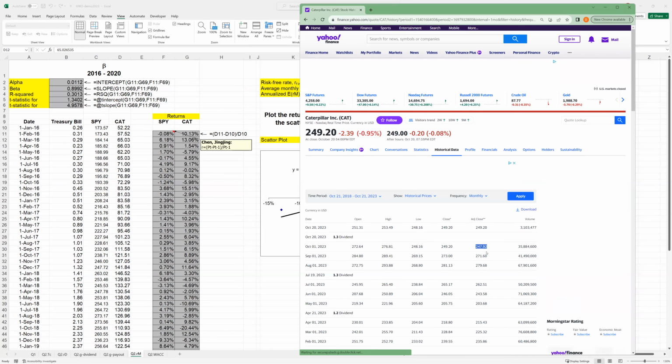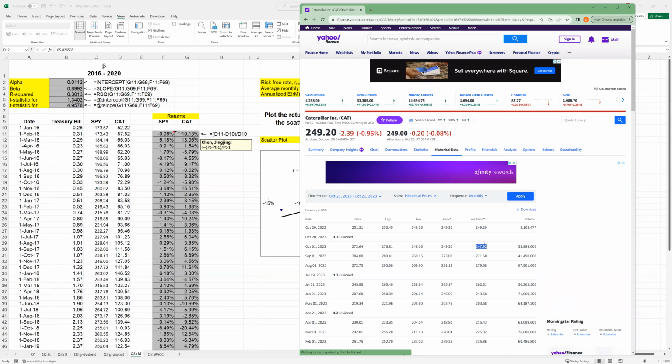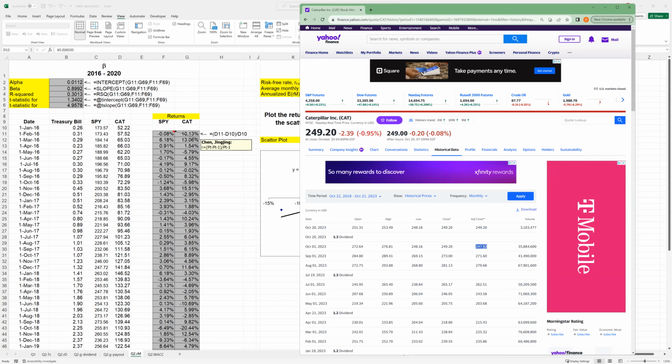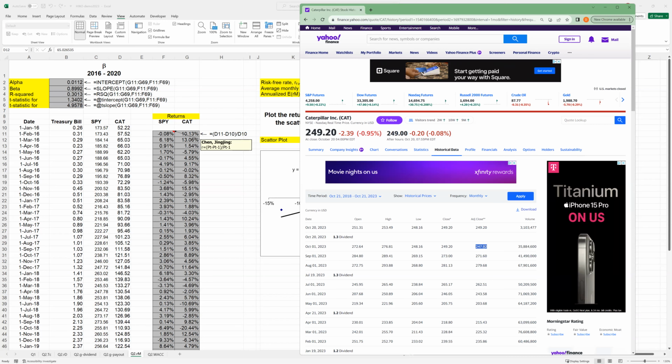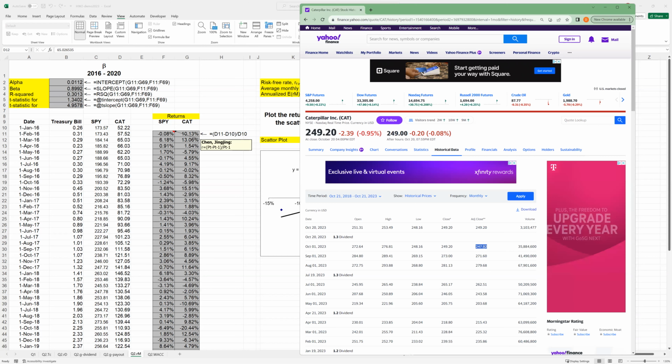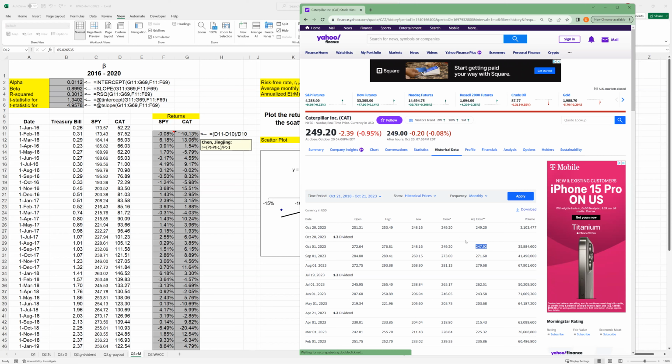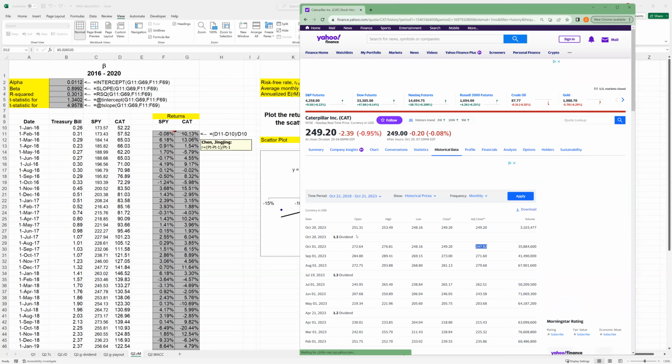So when you calculate return based on the adjusted close price, it is the return that includes the dividend payment. We talked about in some of our previous classes that return is a total return that includes capital gain, which is the price change, as well as dividend yield. So dividend yield is coming from here.